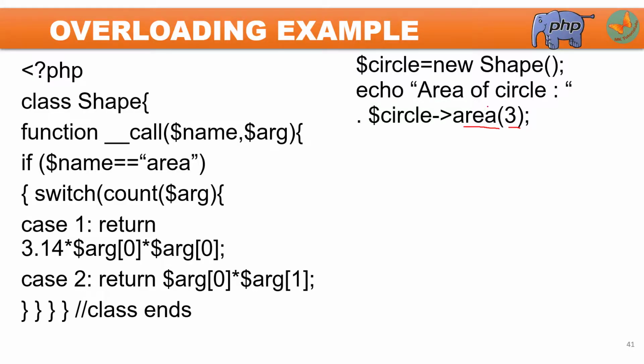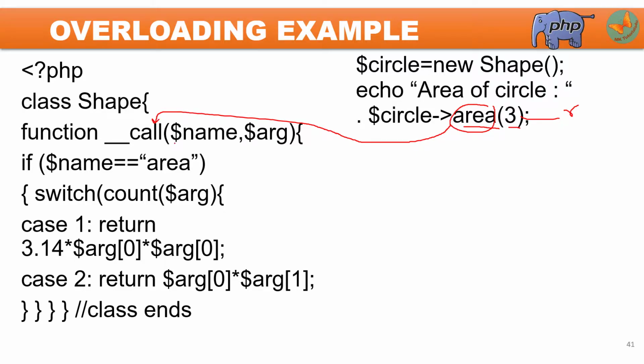Actually this area method is not defined, and I'm just passing one parameter. This will be the radius, and as we have just read in the earlier slide, if a particular method does not exist, then by default it will go to the __call method.